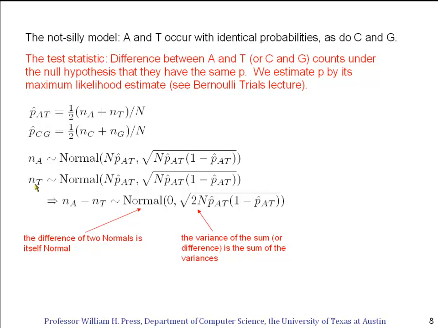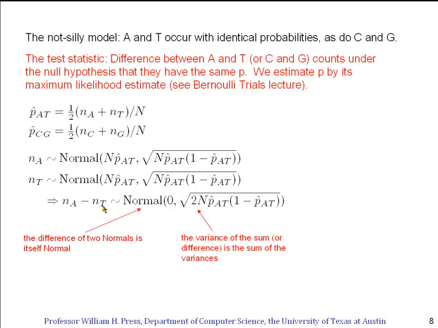Similarly, the probability for T will be exactly this same expression, because under the null hypothesis, the probability of A and the probability of T are the same. Now the test statistic is the difference between these two counts. So to do the p-value test, we have to compute the probability distribution of this quantity, the difference between n sub A, the number of A's, and n sub T, the number of T's.